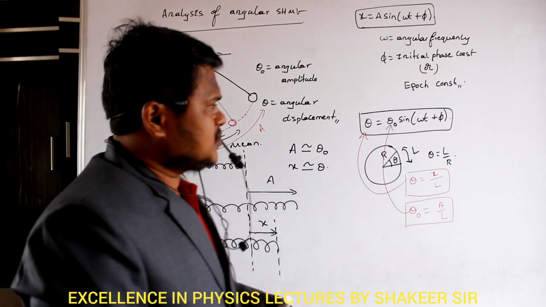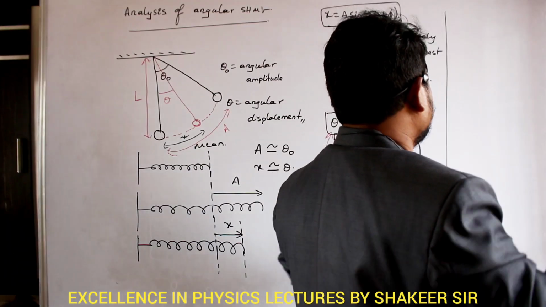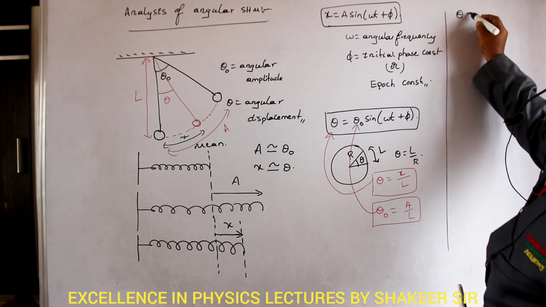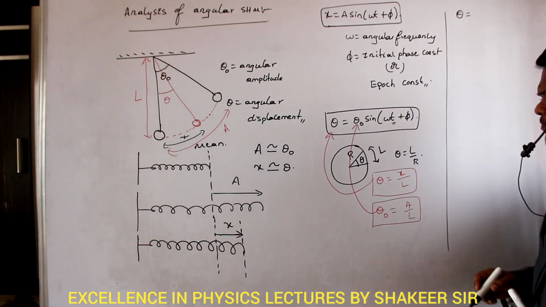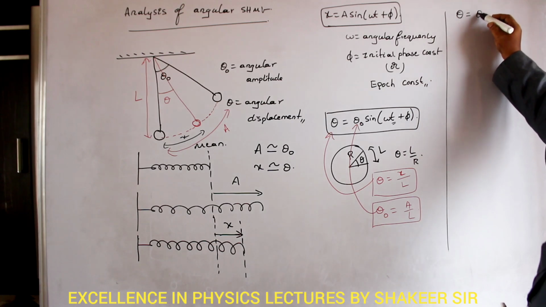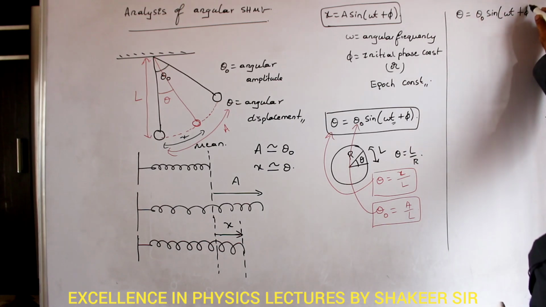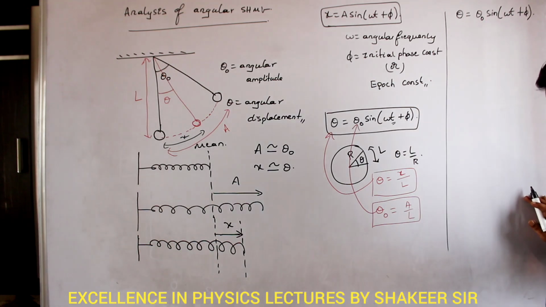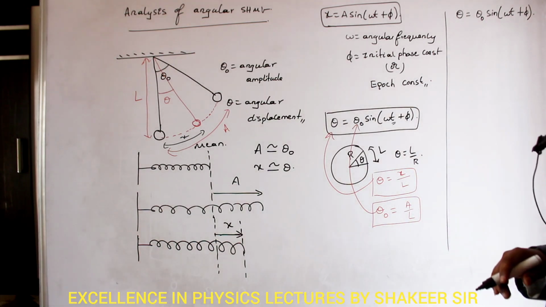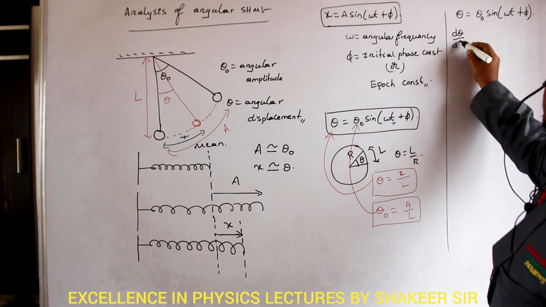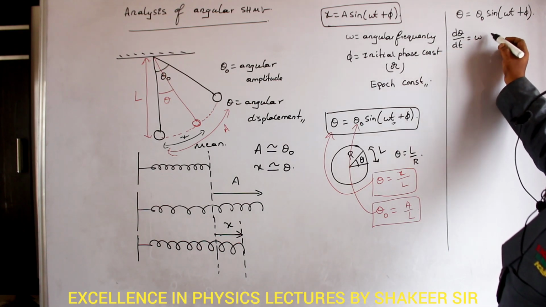Okay. So we have written the equation for the angular displacement of the particle at any time t. Theta is equal to theta naught sine of omega t plus pi. This is the equation which we have written. Clear? Now if I differentiate this with respect to time, d theta divided by dt is equal to angular velocity.